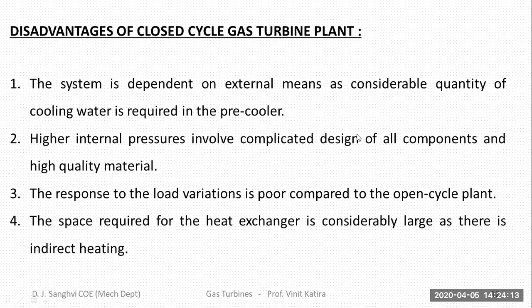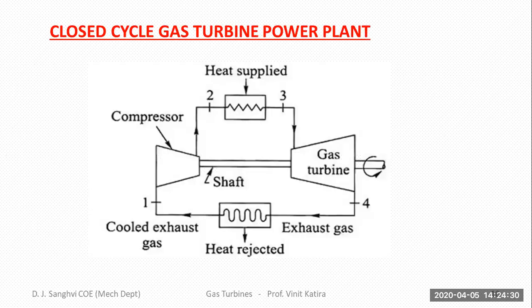Next, we'll look at the disadvantages of a closed cycle gas turbine power plant. First point is that this system is dependent on external means, as a considerable quantity of cooling water is required. Over here you need to reject heat in this heat exchanger so that you can cool down the hot fluid that leaves the gas turbines.